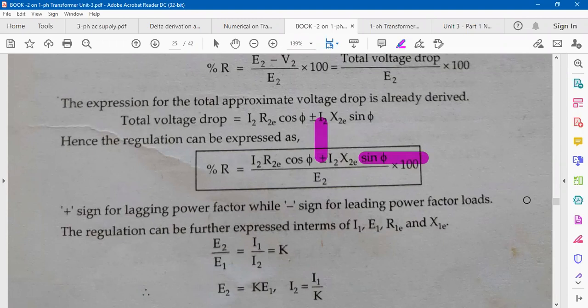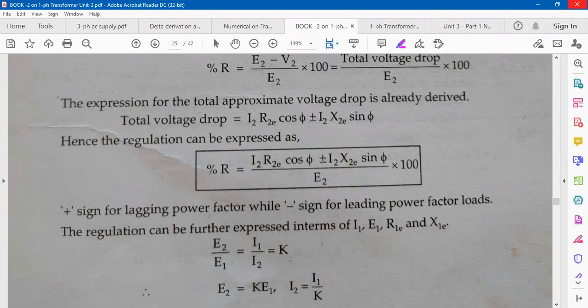Whenever it is given to you that the power factor is, suppose, 0.8 lagging, in this formula out of the two, which sign do you have to use? Positive. And when do you have to use negative? When it is given, suppose, that the power factor is 0.75 leading. Because for leading power factor, we have seen that for a capacitor the current leads, isn't it? So whether it is series RC or series RLC that is more capacitive, in that case the imaginary part of Z is negative.